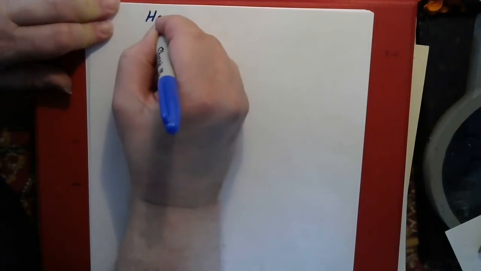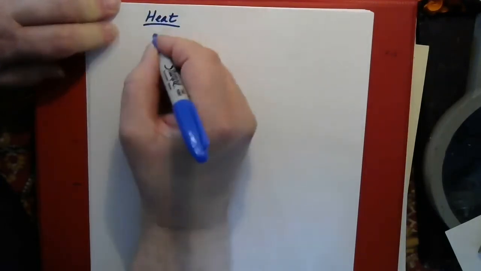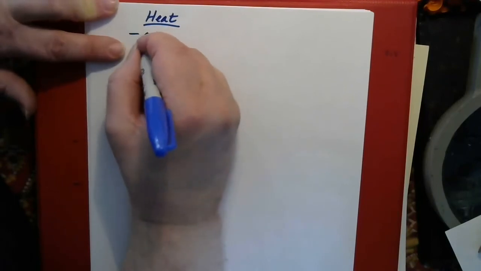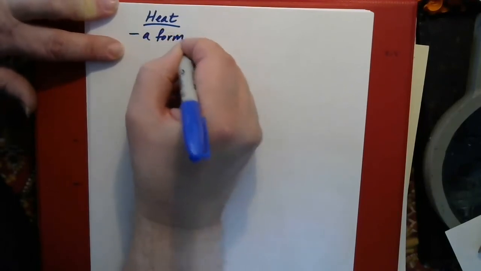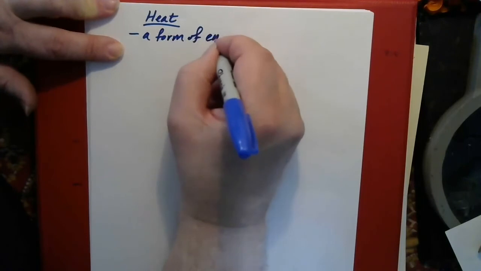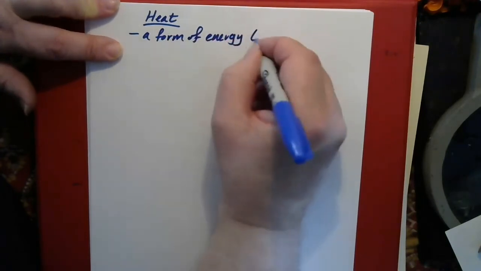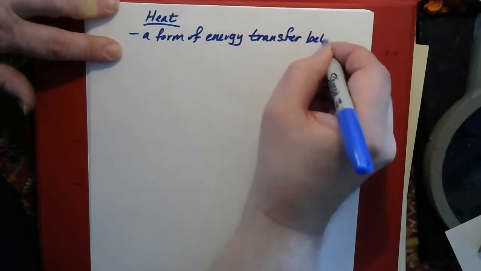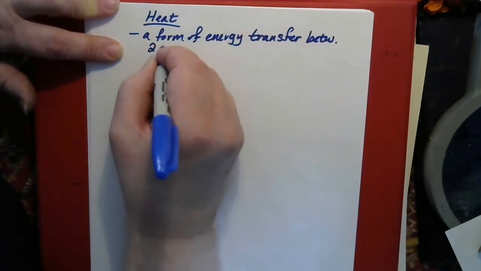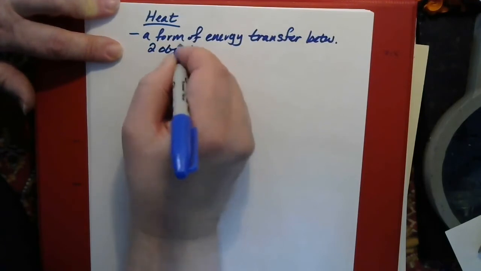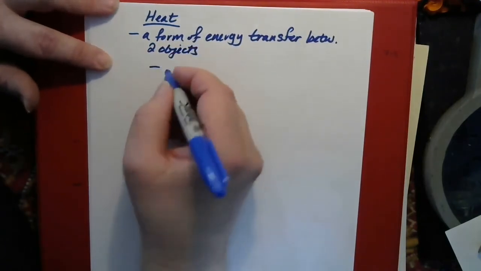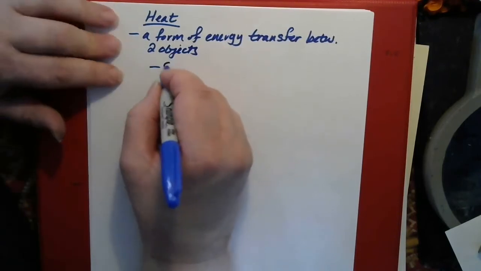So now we come to the subject of heat. Heat is a form of energy transfer between two objects. Related to heat we have the concept of external energy.